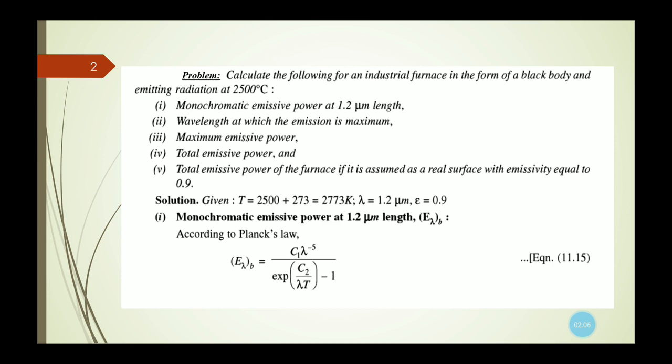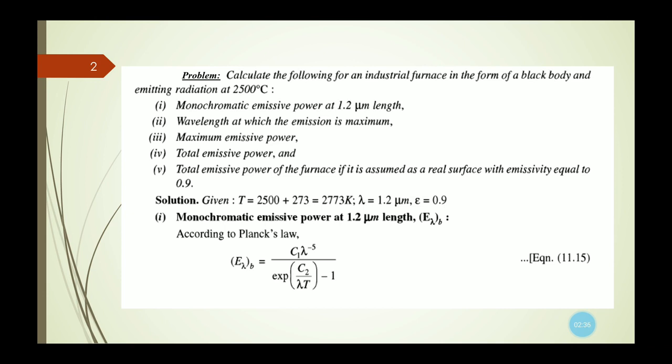What is the emissive power or total emissive power? What is the formula for maximum emissive power? What is emissivity? The concept of all these different terminology we have discussed earlier, and the formulas to calculate all these five things were also studied earlier. So today it is the application part; we need to apply those formulas to solve this numerical.